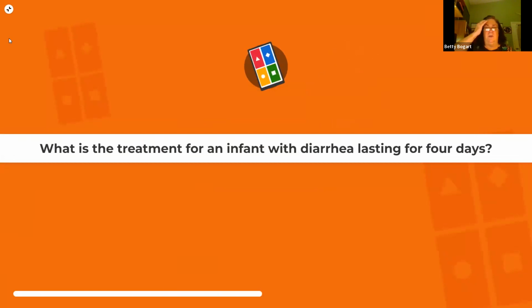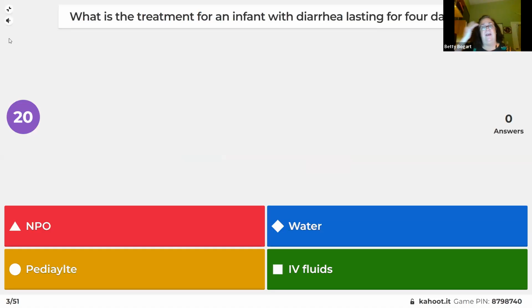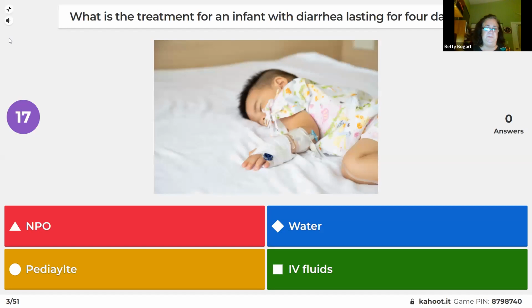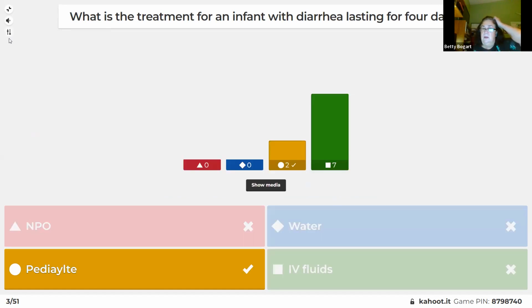What is the treatment for an infant with diarrhea lasting for 4 days? We talked about vomiting in the treatment. Now we're going to talk about diarrhea. So diarrhea doesn't mean that they're vomiting, which means they can take stuff by mouth.